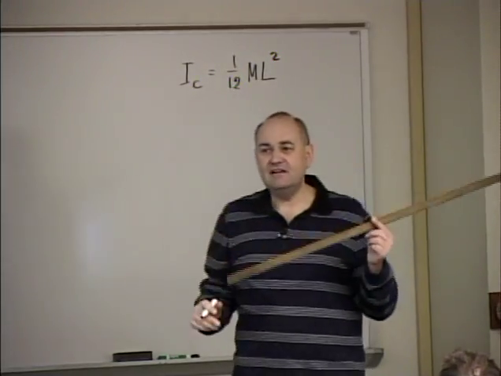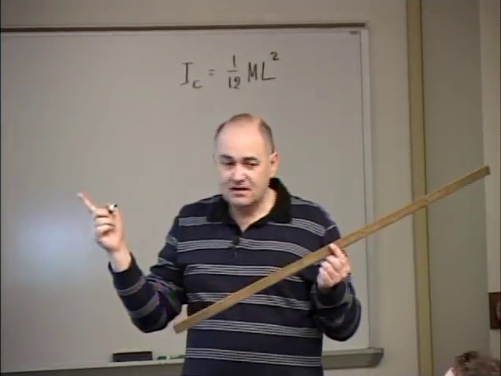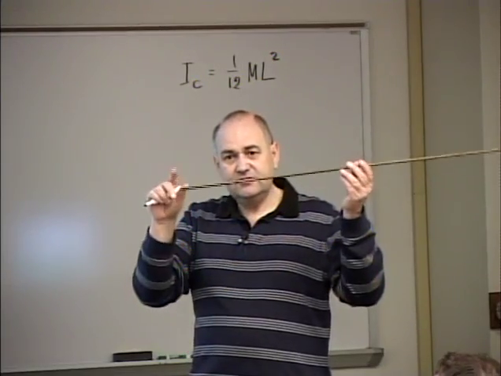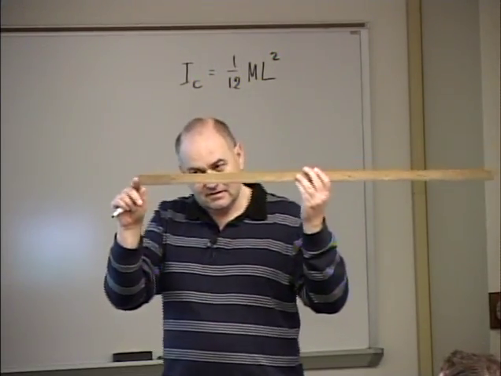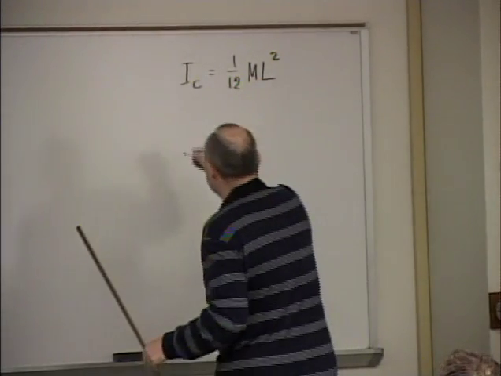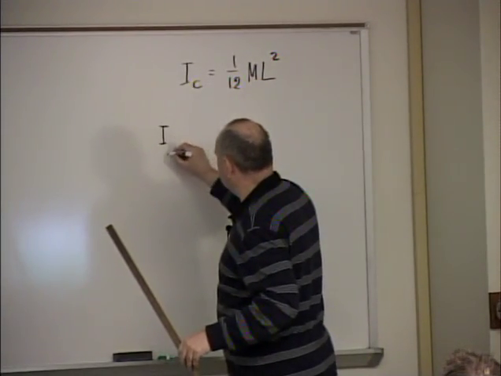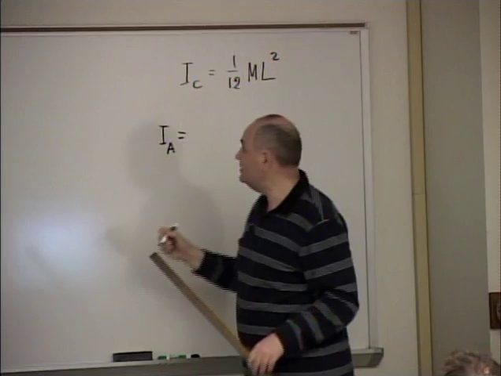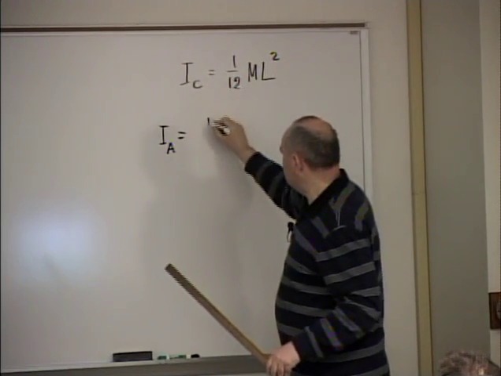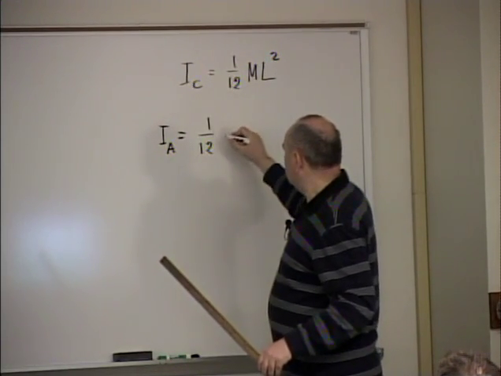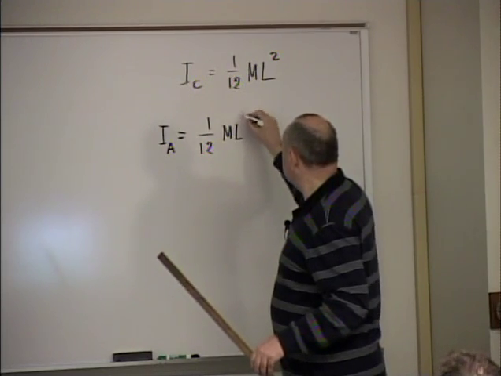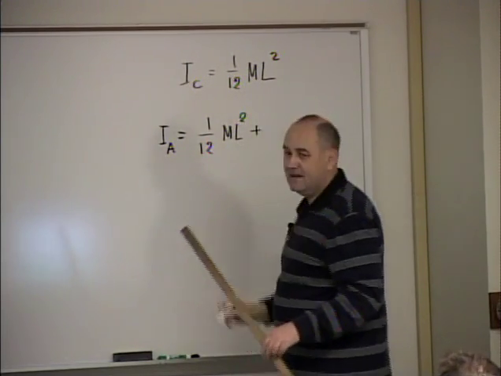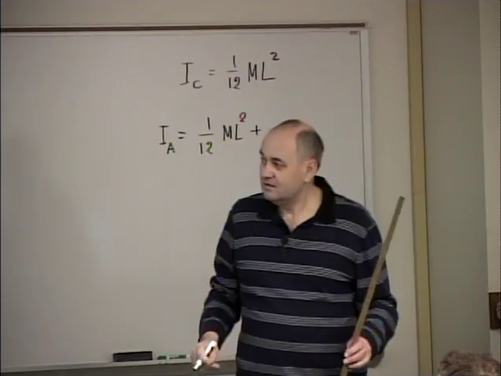If I use the parallel axis theorem, what will be the moment of inertia about the end now? The moment of inertia about the end will be the moment of inertia about the axis passing through the center of mass plus what?